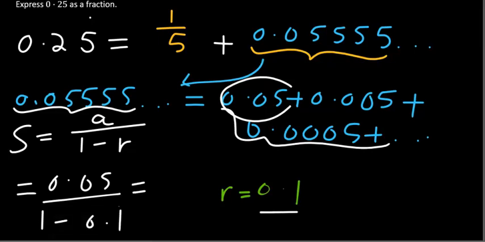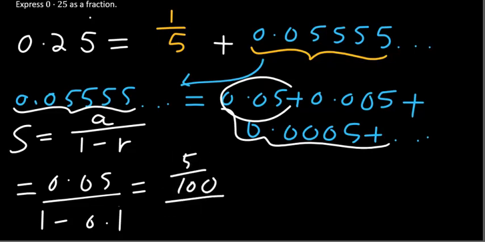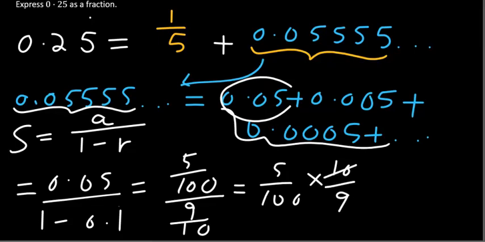And the answer is, the top one is 5 over 100, and the bottom one is 9 over 10, which is 5 over 100 times 10 over 9. So that's going to give you a 10. So 5 over 90. There we have it.